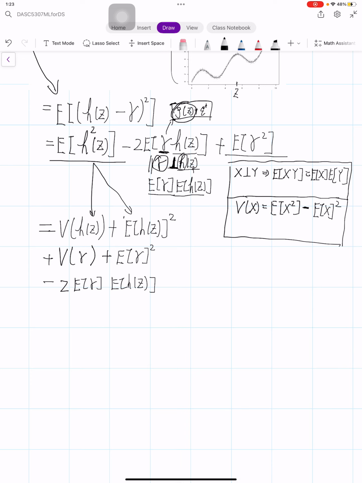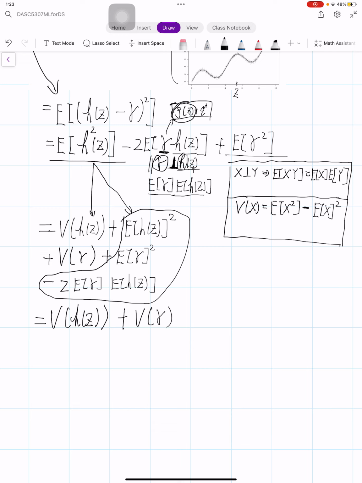Actually, these three terms complete the square, right? So we can have the variance of h(z) plus the variance of gamma plus, these three terms added together, the expected value of h(z) minus the expected value of gamma, squared.